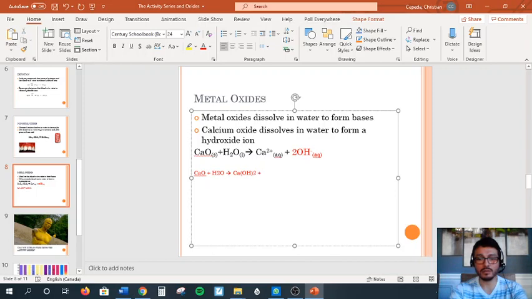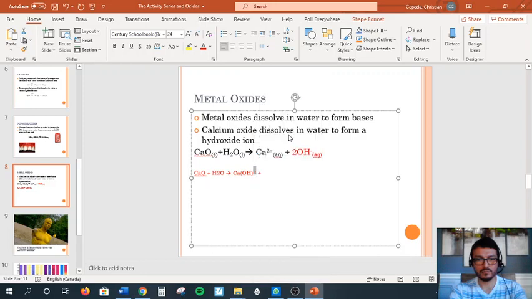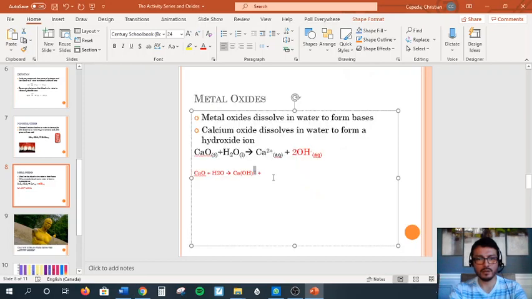I'll fix the formatting later. So that is what happens. That's the first step. Calcium oxide in water creates calcium hydroxide.